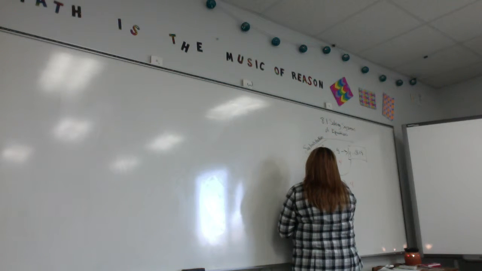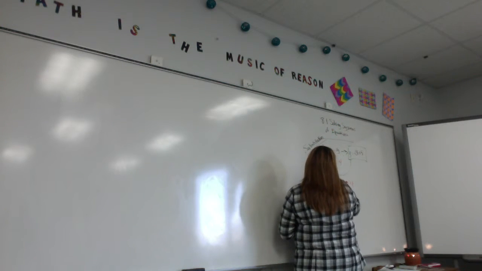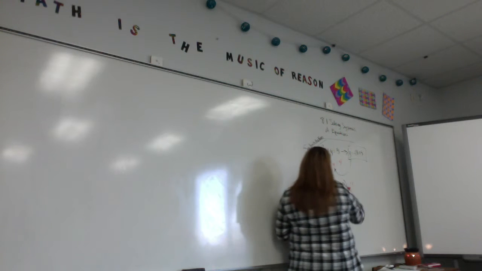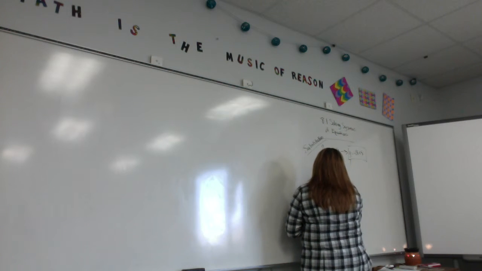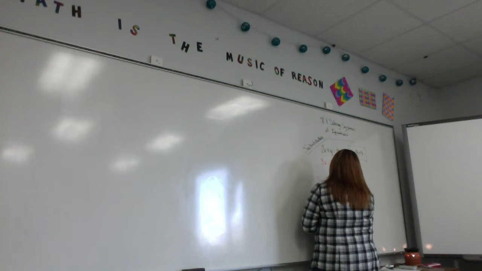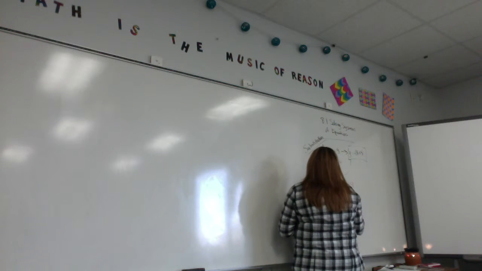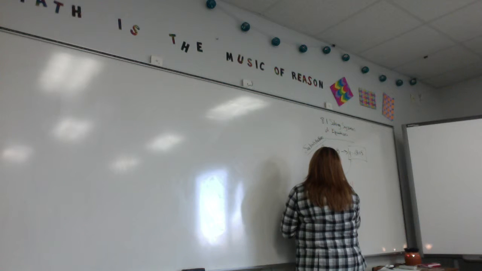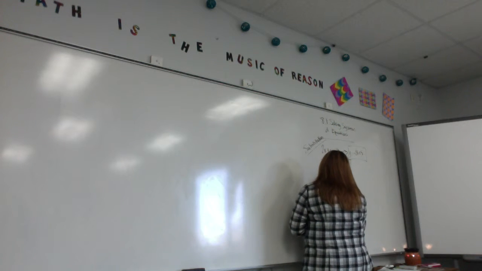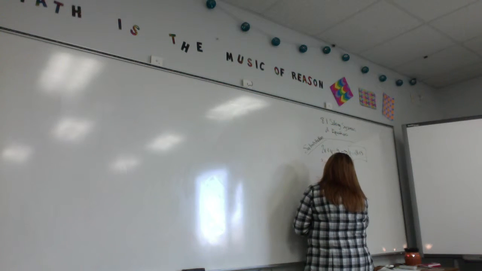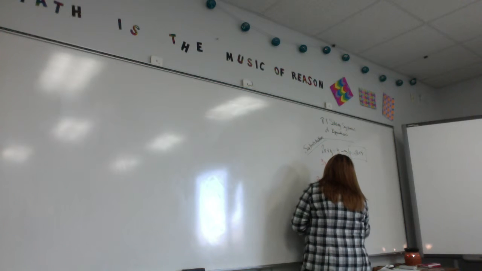No, so then I do 3x, negative 2 times negative 2x is 4x, negative 2 times 5 is negative 10 equals 4. I'm going to then combine like terms, 3x and 4x is 7x, and I'm going to add 10 to both sides. So I get 7x equals 14.